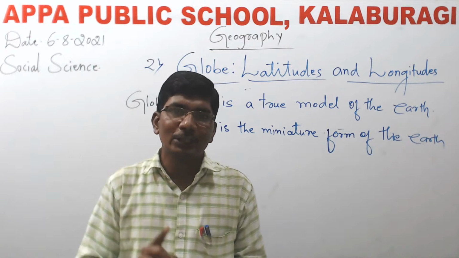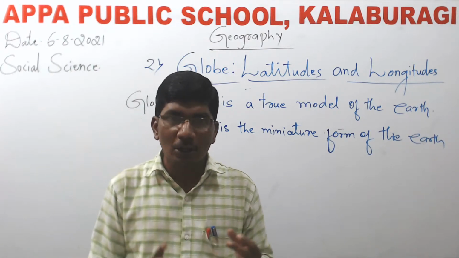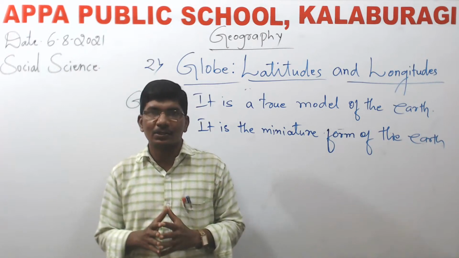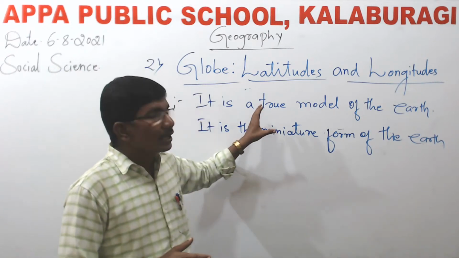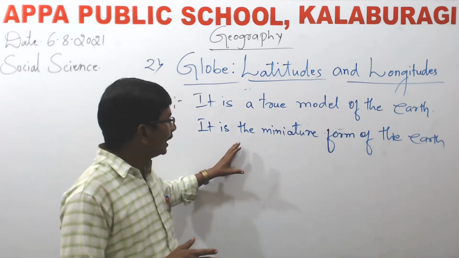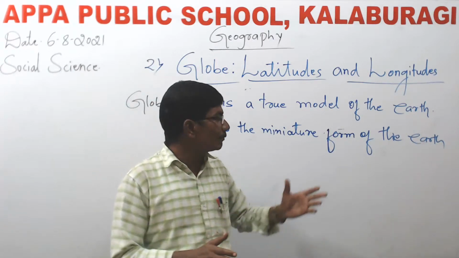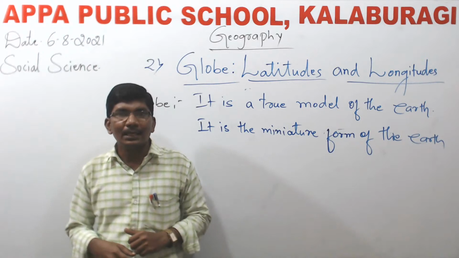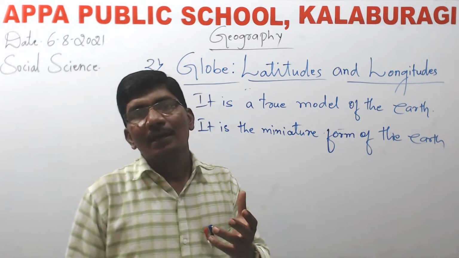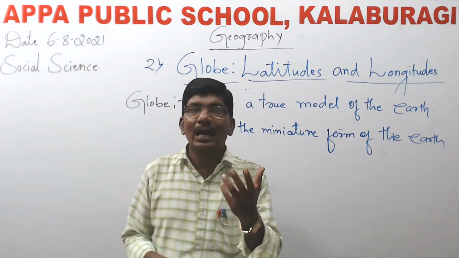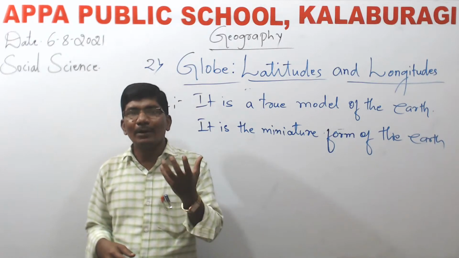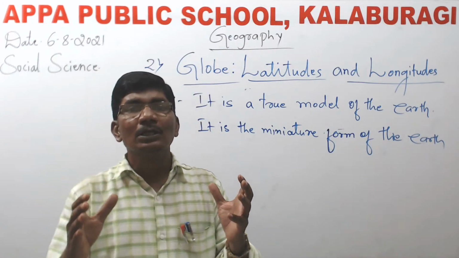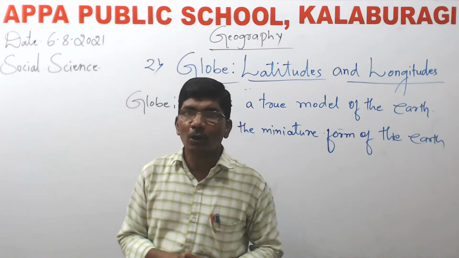We can study the places, the continents, the mountains, hills, oceans. So it is the true model and the miniature form of the earth. My dear students, have you seen the globe? Most of you have seen how it looks, and I think you have a globe in your home.